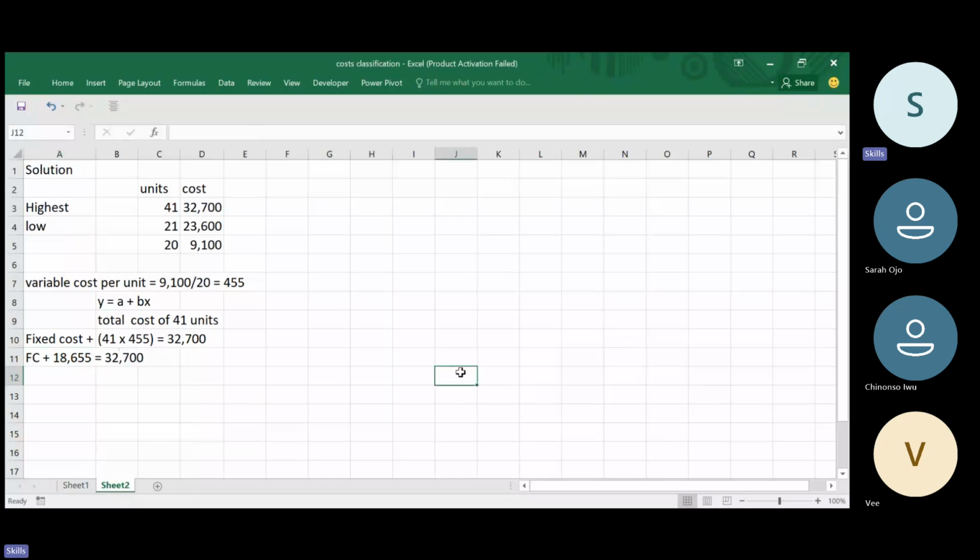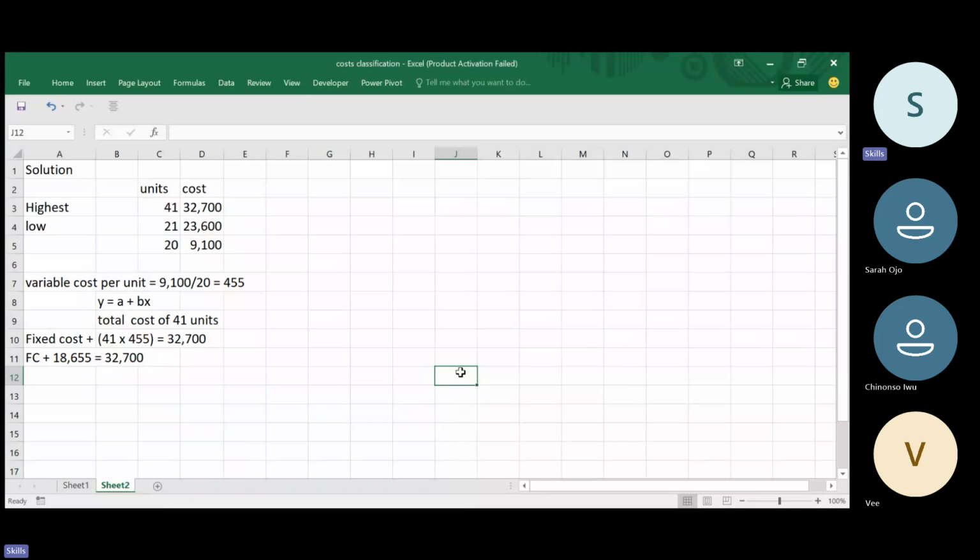So now to get our fixed cost, we can collect like terms, 18,655 and 32,700, from this equation to get the FC, which is the fixed cost.